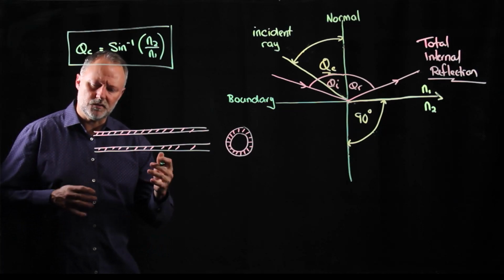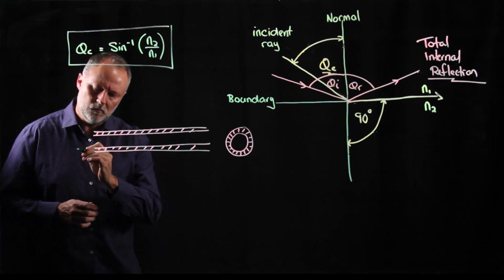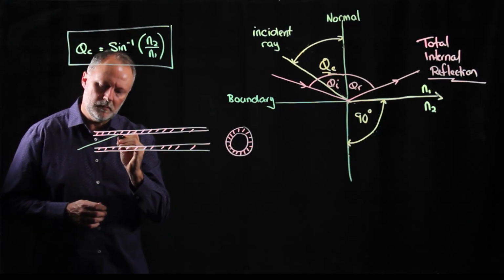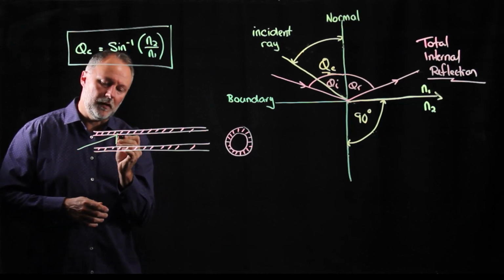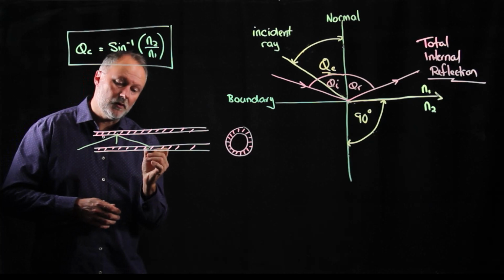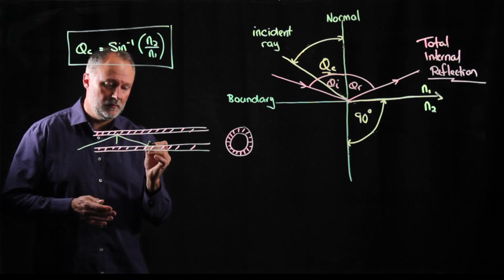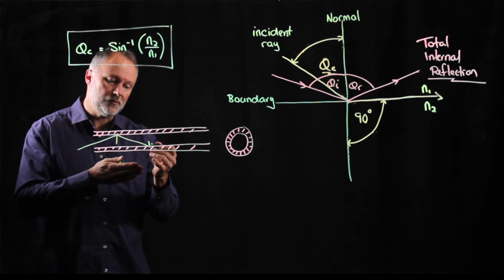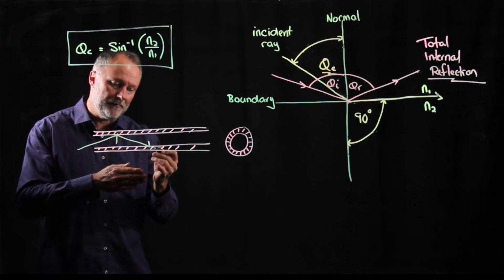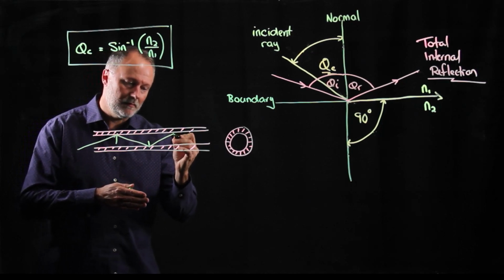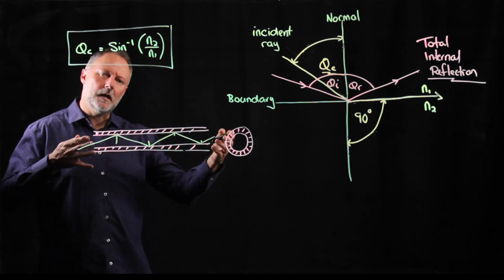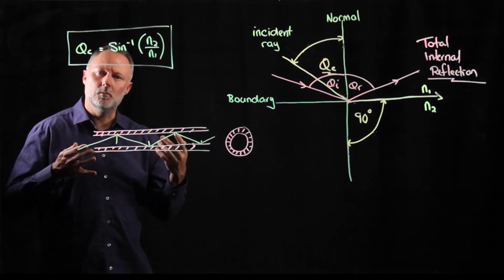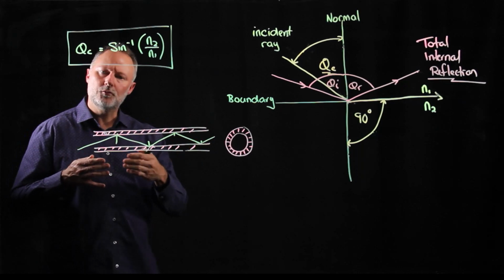It's essential in a situation when light comes in and strikes the boundary between the cladding and the optical fibre that it in fact does totally internally reflect. So it hits the interface between the fibre and the cladding, and once again it totally internally reflects. And that allows light to travel around the globe effectively in a fraction of a second.